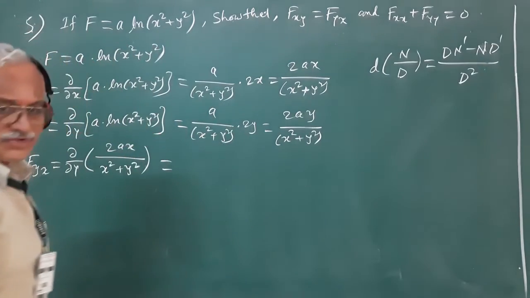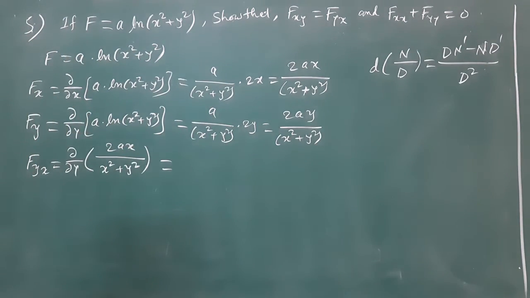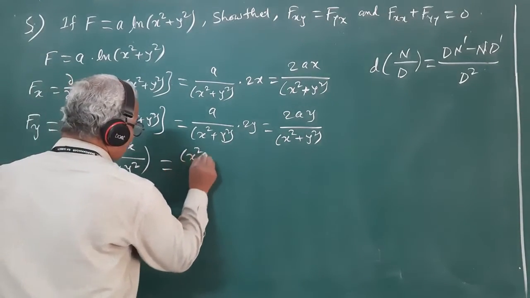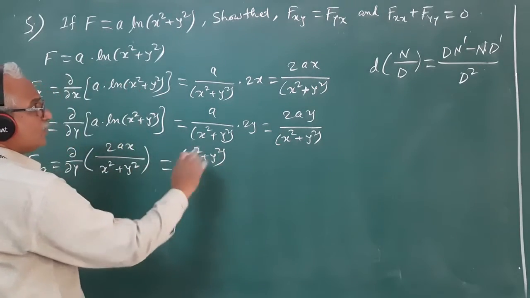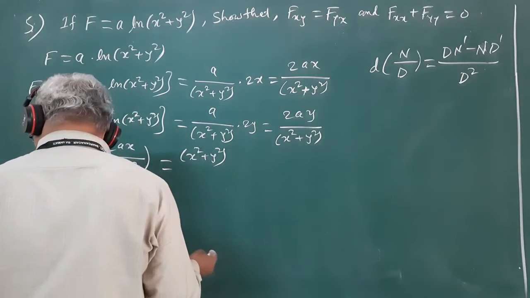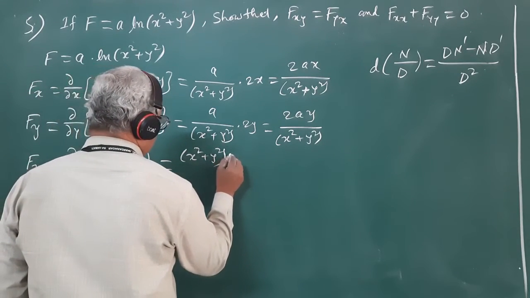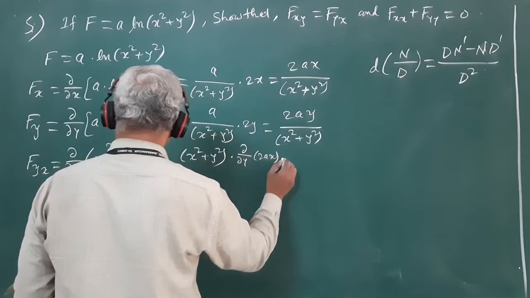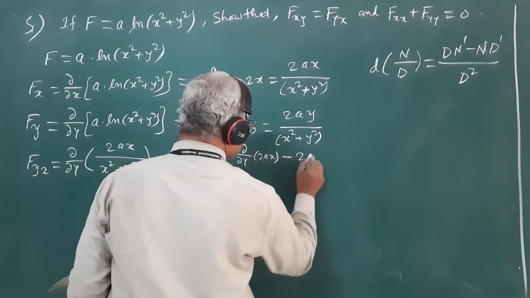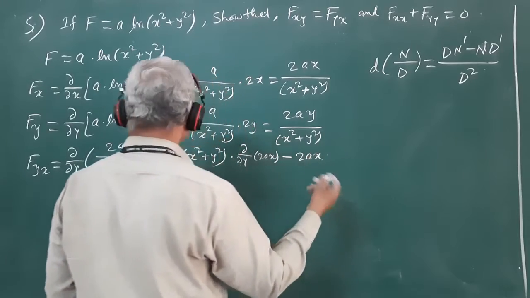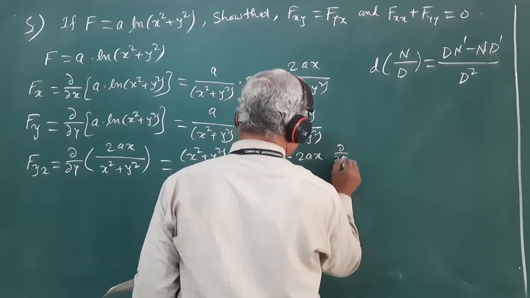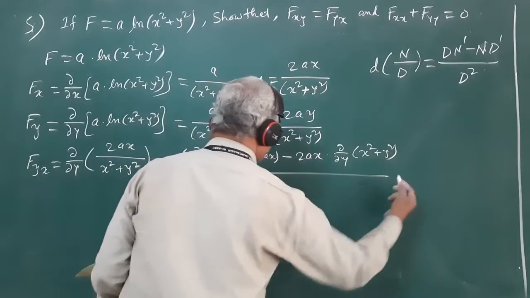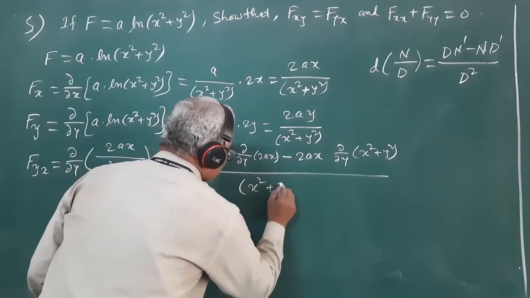So using this formula here, denominator is x square plus y square as it is, into differentiation of numerator, which is dou y of twice ax, which is 0, minus numerator as it is, twice ax, into differentiation of denominator, dou y of x square plus y square, whole divided by denominator square.